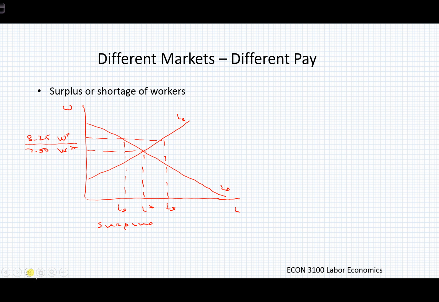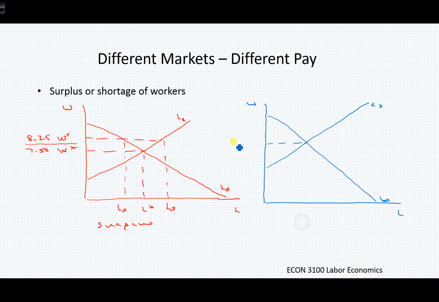But perhaps in yet a different market of the same type of worker, we have a different relationship. Maybe there just aren't as many workers in this other marketplace, such that our labor supply and labor demand already equilibrates at a level that is different, and maybe that level is even at, let's say, 9.50.